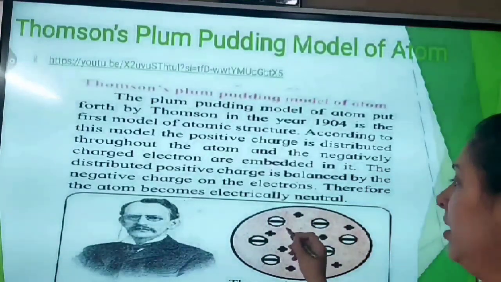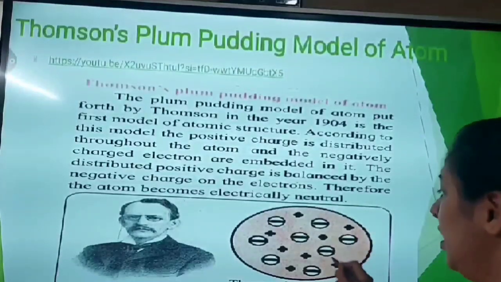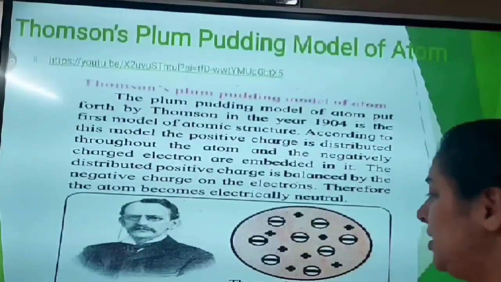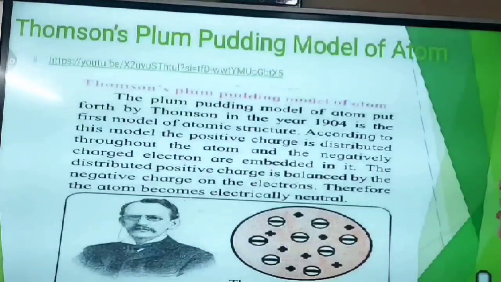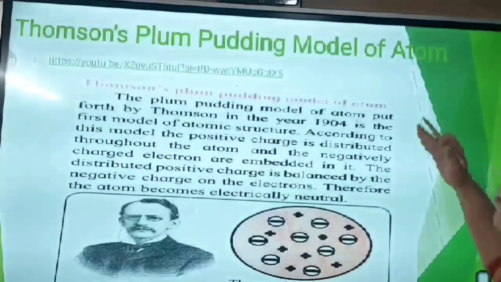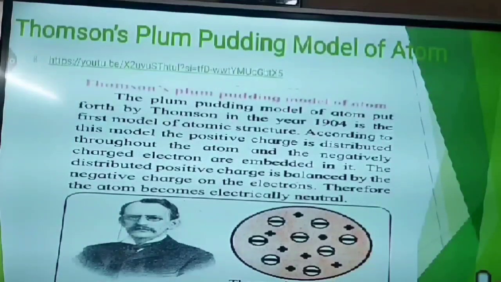For 2 marks, draw a circle, plus signs outside, minus signs inside the circle. This depicts the plum pudding model of the atom.